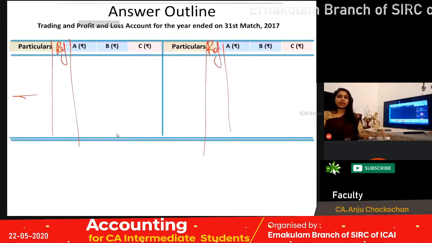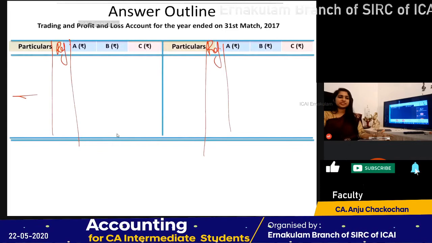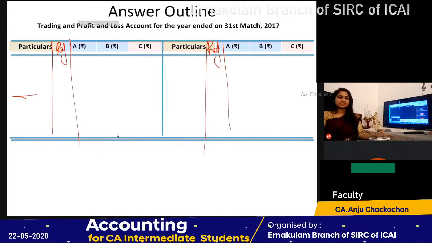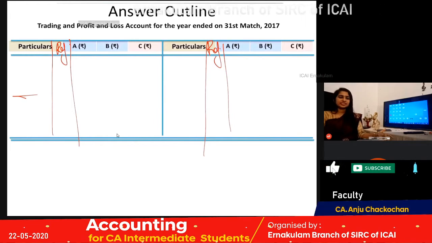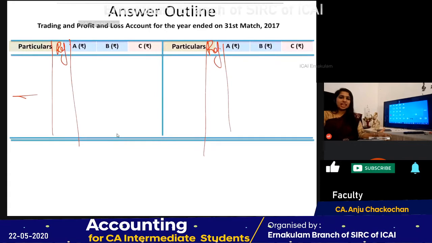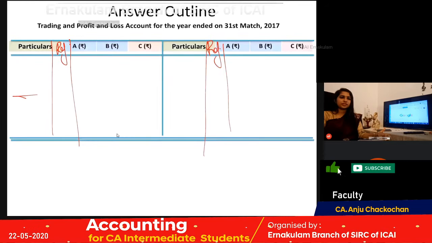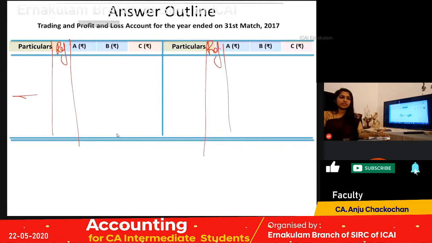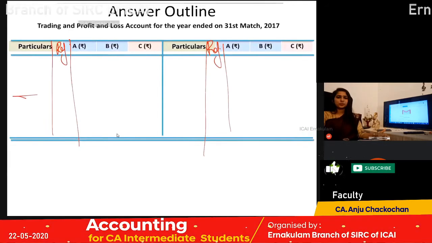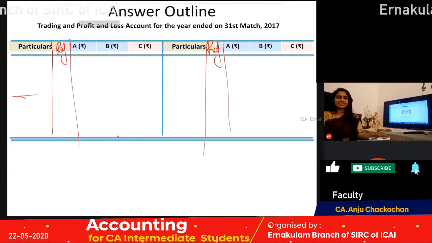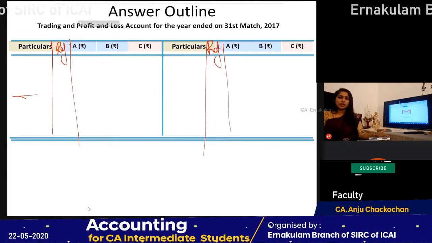Just the answer outline. Everybody, just take the answer outline, your scale and pencil task. Once you're done, please drop in your messages.